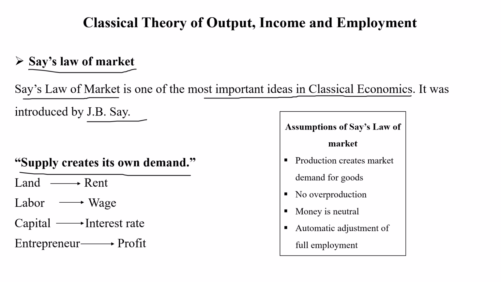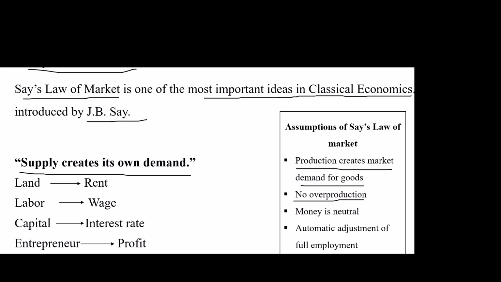What are those assumptions? One is that production creates market demand for goods. Second, there is no overproduction: however much supply there is, the same amount of demand will be created. And money is neutral, and there is automatic adjustment to full employment.